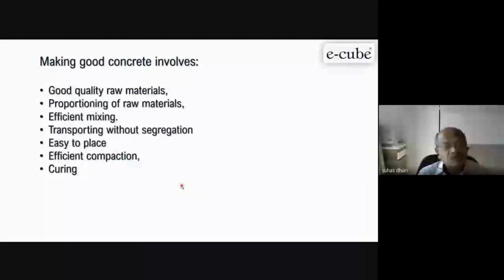So once you use that, mixing powder is also a technique. It is a different technology. So whenever you are mixing such materials, you need an efficient mixer.